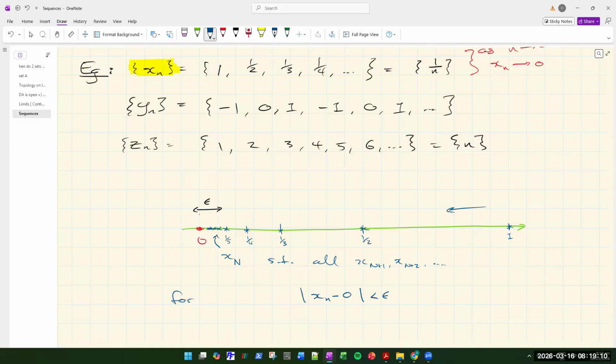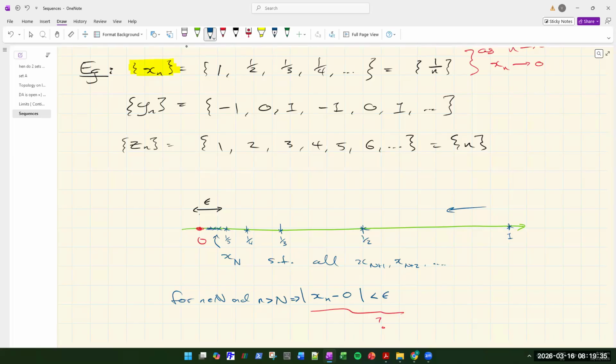For n, so what is this n? This n is a natural number. And when is this true? This is true so long as I take natural numbers bigger than this fixed guy, big N, right?